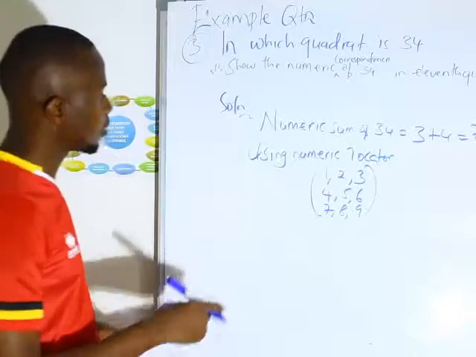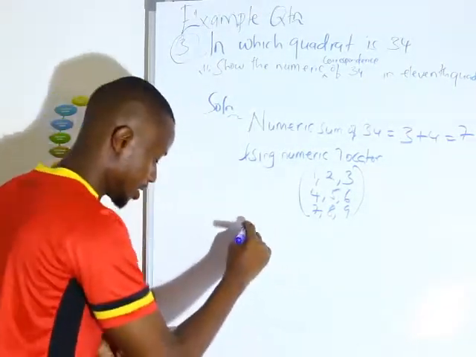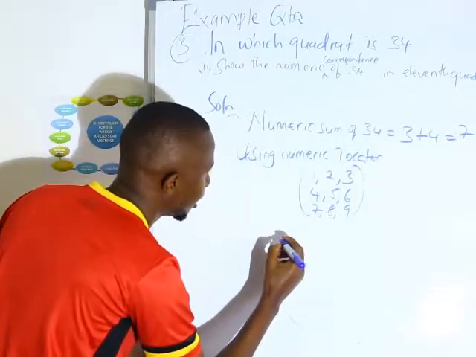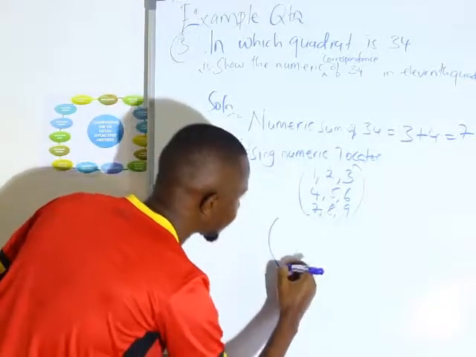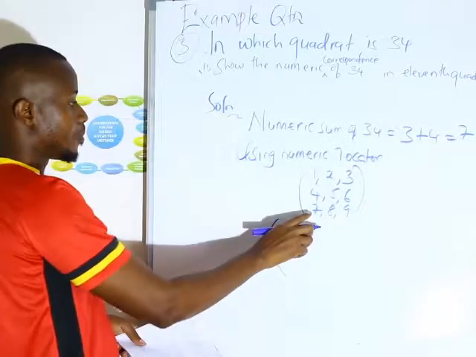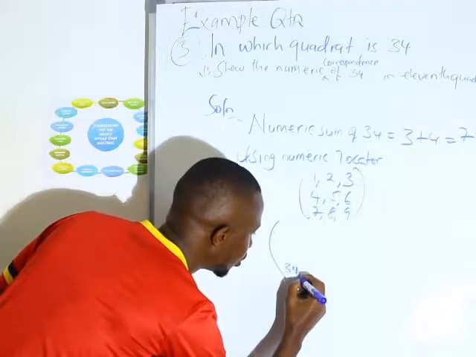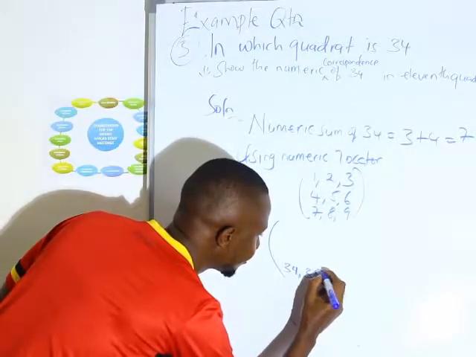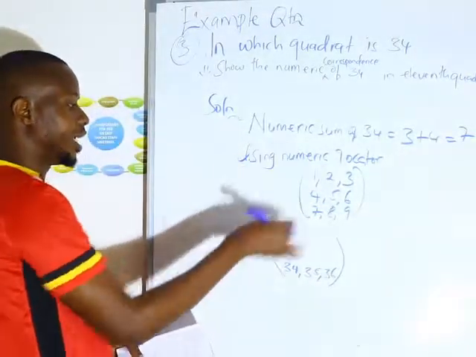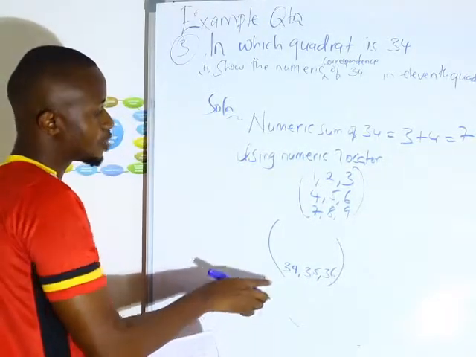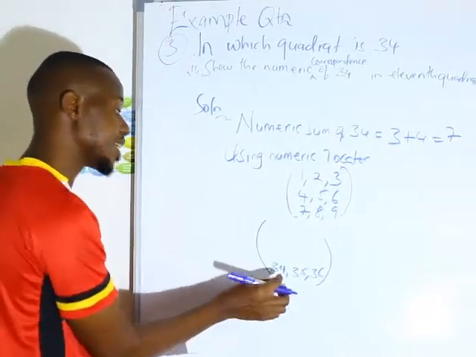Therefore, 34 is found in the following quadrant. You see the position of 7, then you write there 34. You continue 35, 36. Then it's very easy to fill in the whole quadrant because you've seen the position of 34. 34 corresponds to 7, so it lies here.